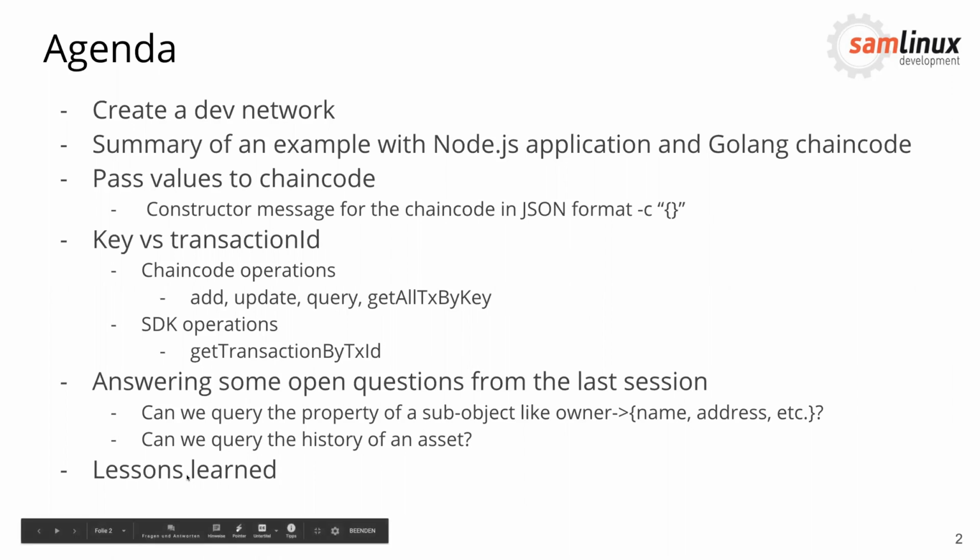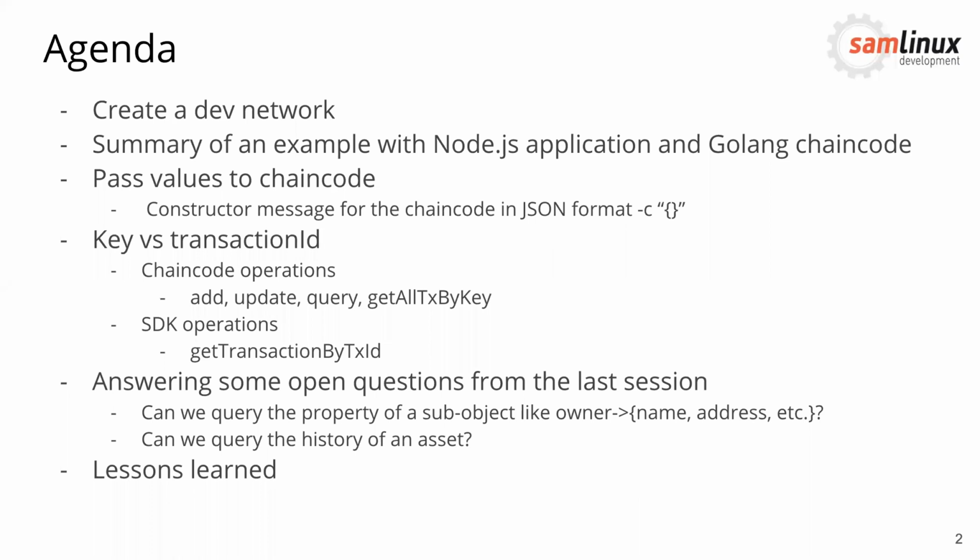Then one really good point: lessons learned. I had a lot of problems this week because my network wasn't really working, and my example from last week wasn't working because of my changed endorsement policy. In the last meetup, I showed you my chaincode, and in this chaincode I had two terrible mistakes.